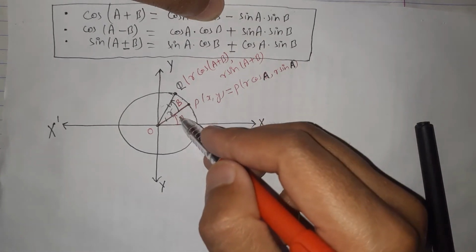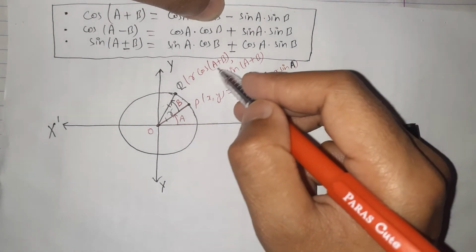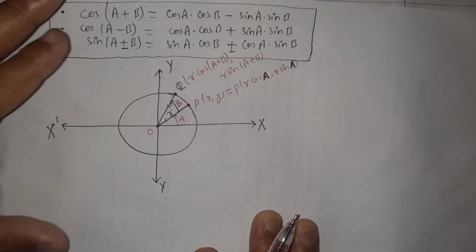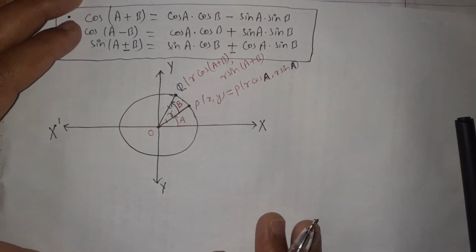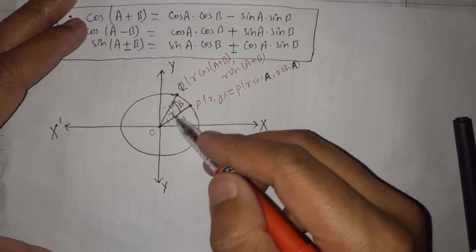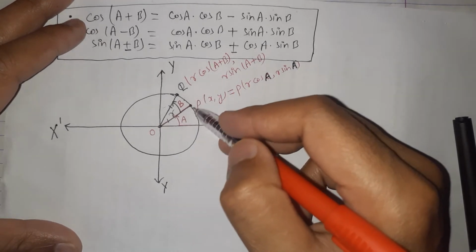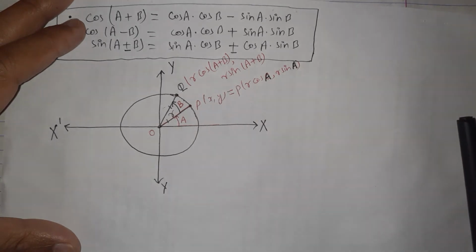The argument is A plus B with respect to the positive x-axis, and this is the compound angle. Here we take the two points P and Q on the circumference of the circle, and we join the points to the origin, and the radial vectors are formed. We write the coordinates of the points P and Q in the polar form by using these relations.